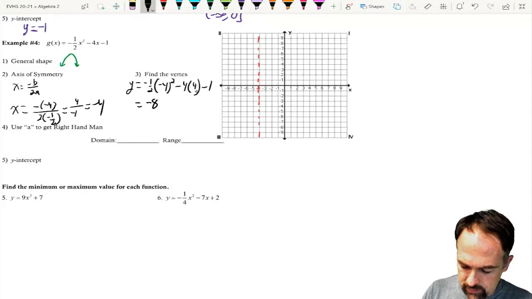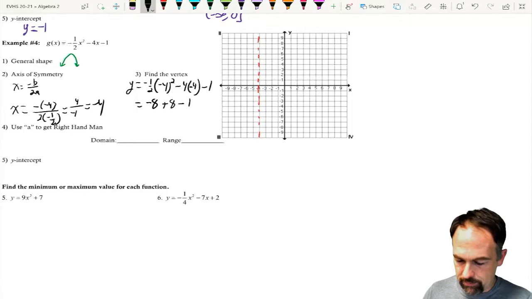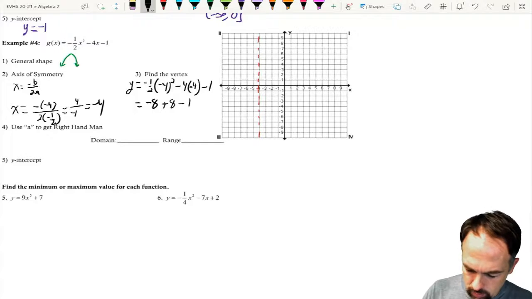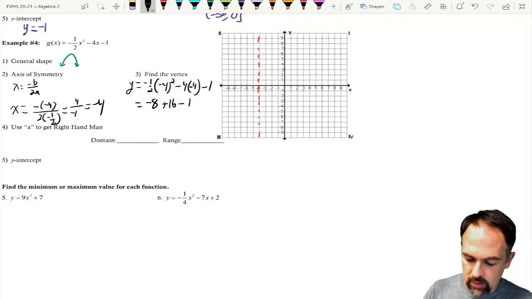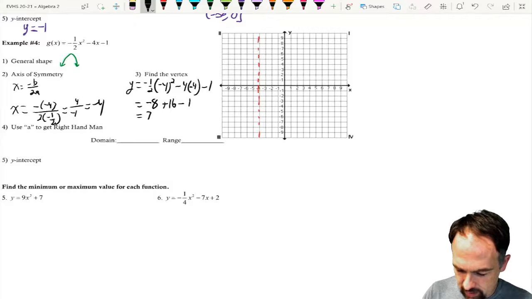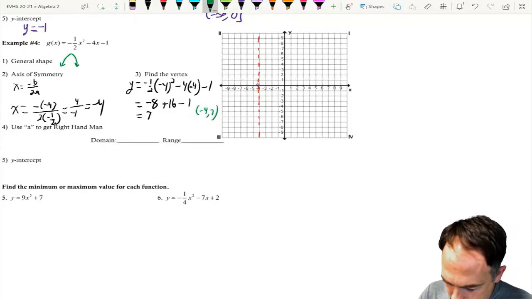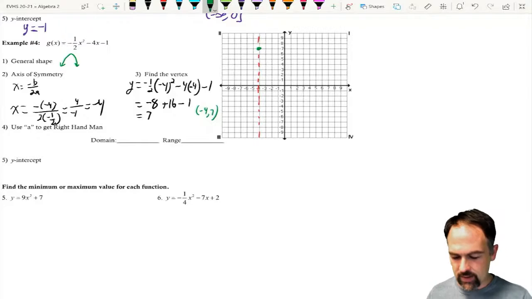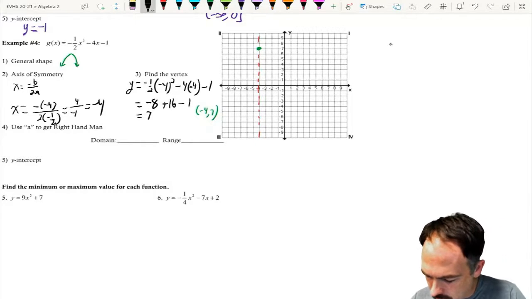Negative 4 times negative 4 is positive 16, so negative 8 plus 16 is 8. Minus 1 is 7. So my vertex is going to occur at negative 4, 7.